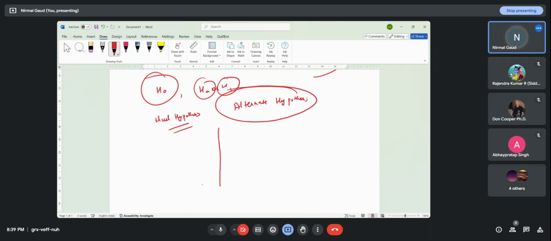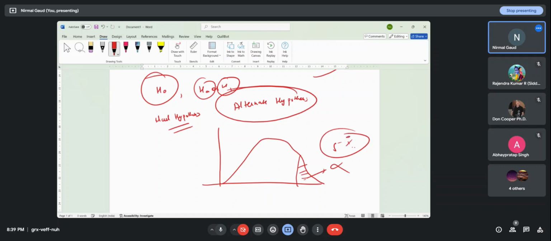That's how you made a normal distribution, and this region came into significance 5% and the rest 95% is confidence. Confidence is how confident you are over your experiment that this hypothesis is going to be true.